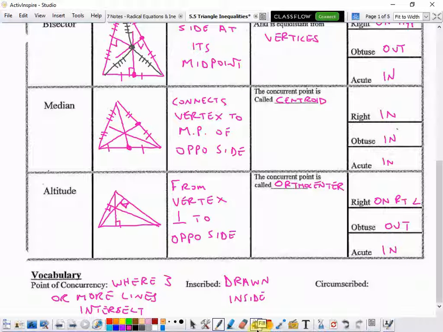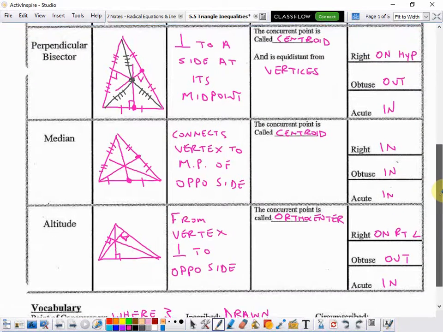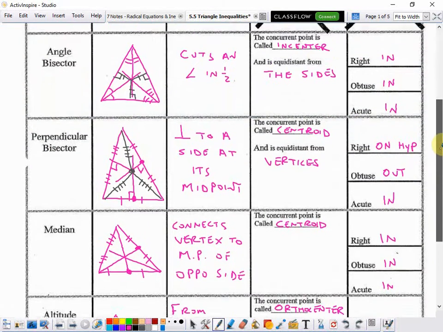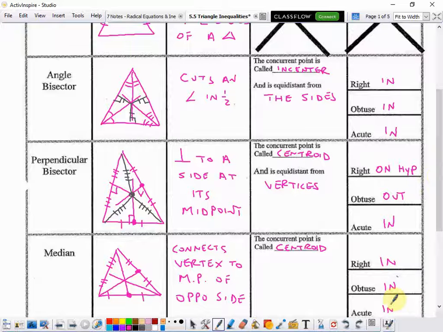In the case of this unit, it's talking about a circle drawn inside of a triangle, specifically in the angle bisectors. This point, this incenter, is equidistant from the sides, which means it is the center of the inscribed circle.